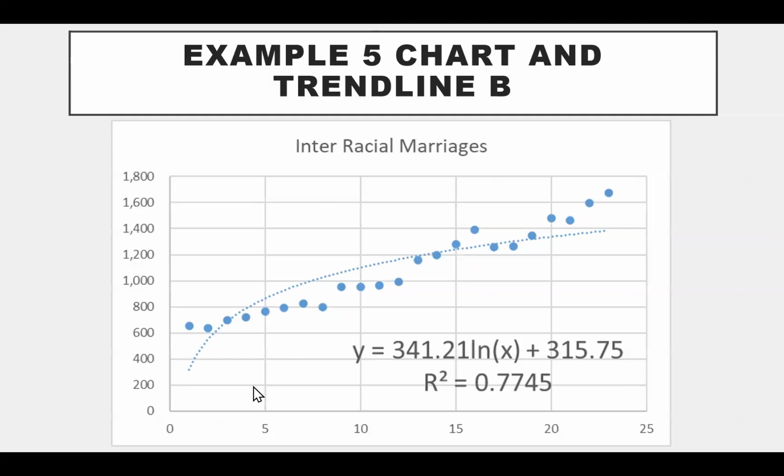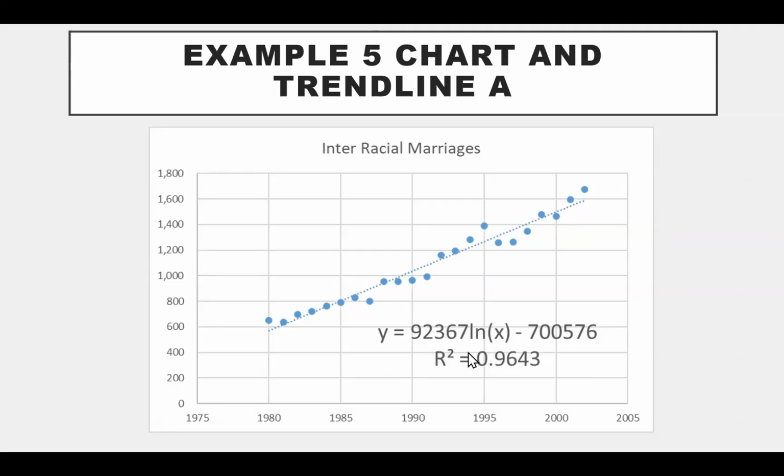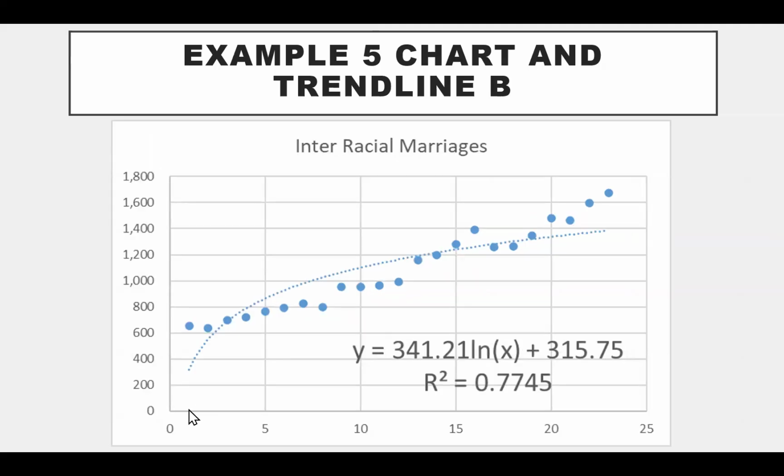However, if you let your X value be some other numerical value, so for instance, instead of the X value being 1980, you let your X value be years since 1979. So 1980 becomes an X of 1, 1981 becomes an X of 2, 1982 becomes an X of 3, and so on and so forth.